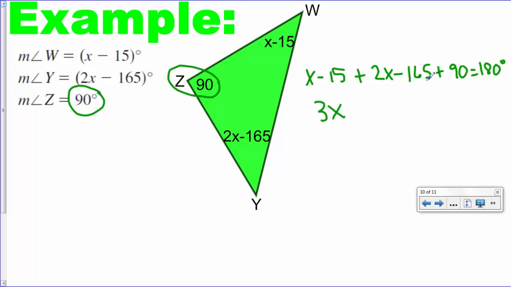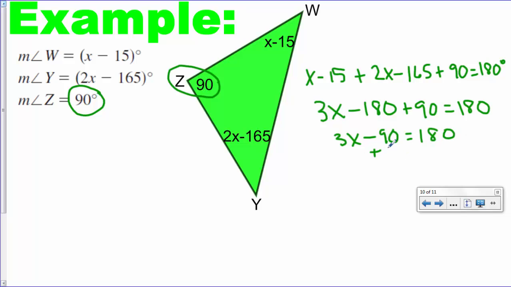Negative 15 and negative 165 would be negative 180. So I'll just do it step by step so you can see all the steps. Plus the 90, we'll do one more step and then finish solving it, equals 180. Now I'll finish combining the non-x terms together. So 3x minus 90 equals 180.